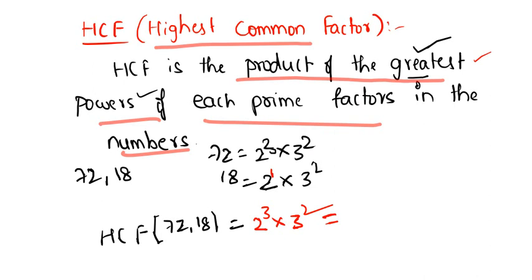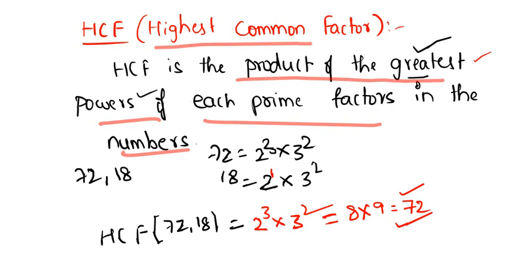Then the HCF of 72 and 18 is 2 power 3 into 3 power 2, which is 8 into 9, 72. Here the HCF of 72 and 18 is 72, but the LCM of 72 and 18 is 18.